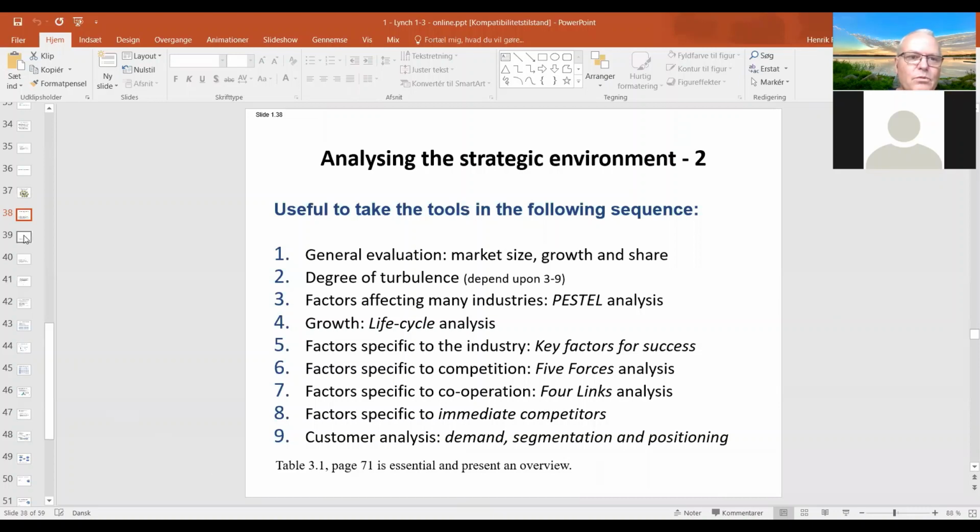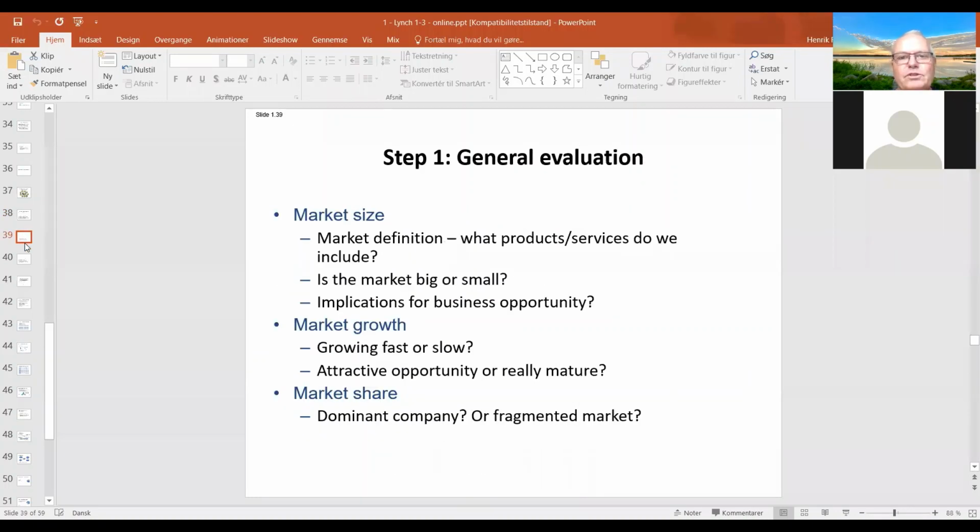Okay, but for now, we will move on to the first step, which is the general market evaluation. As you can see, it consists of market size, growth, and market share. I know I mentioned that just before when we started, about size and growth, maybe in a market not growing.